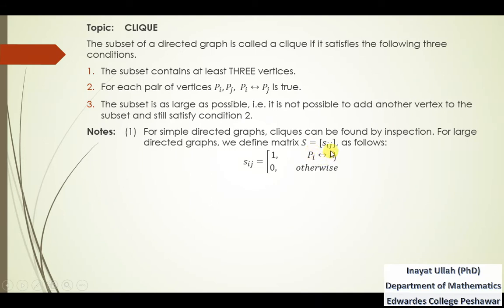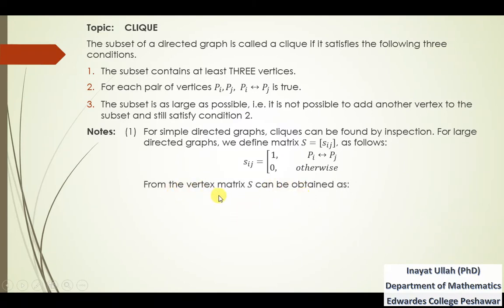So whenever these two edges exist, the entry will be equal to 1, and for all other possibilities the entry is 0. So we define this kind of matrix.